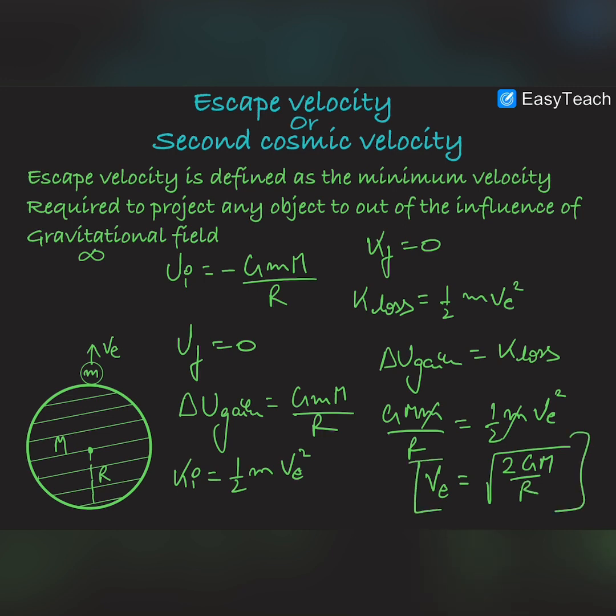This is the escape velocity from the surface of any planet. Now let us discuss that for Earth, GM is equal to gR square. So the escape velocity for Earth will be under root of 2gR.